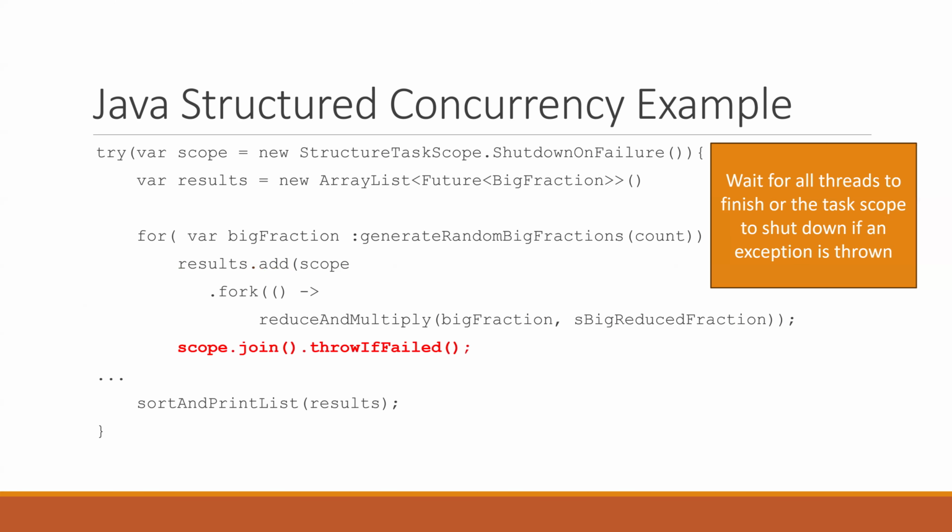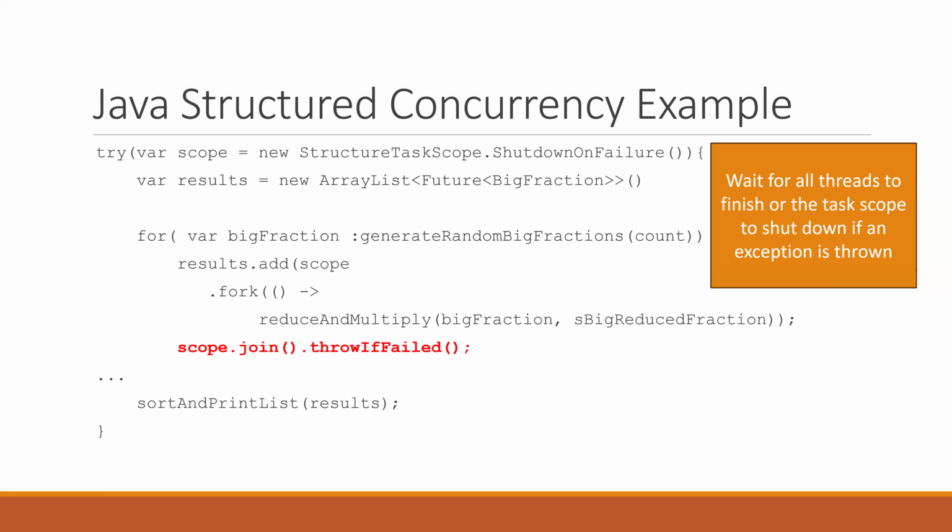And then the line here, I'm saying with the scope, I'm going to join all the threads that I forked, and I want them all to finish. Or if one of them shuts down unexpectedly or throws an exception, then I'm going to fail and quit. And that will end that scope, which means now I'm not blocked anymore. Now I can carry on with the flow of control that I had scheduled before.